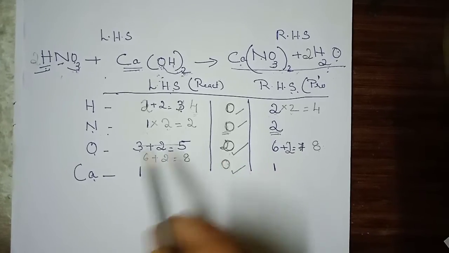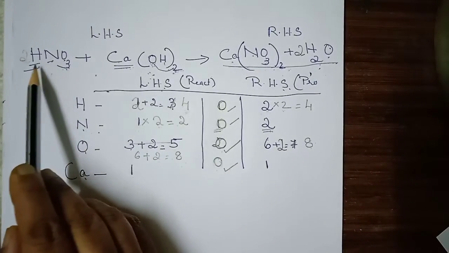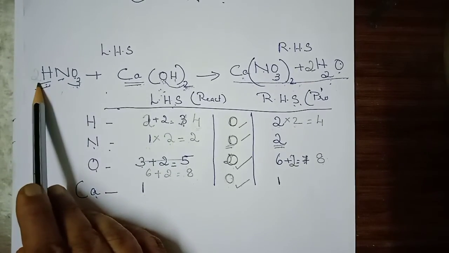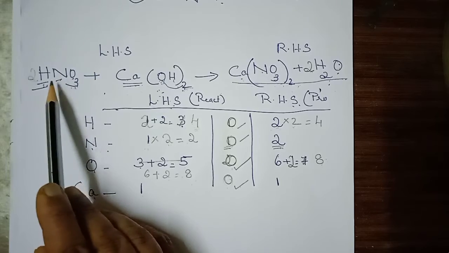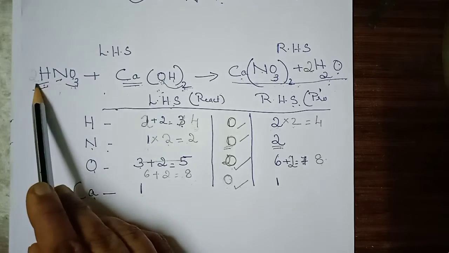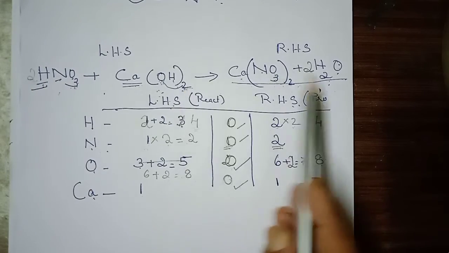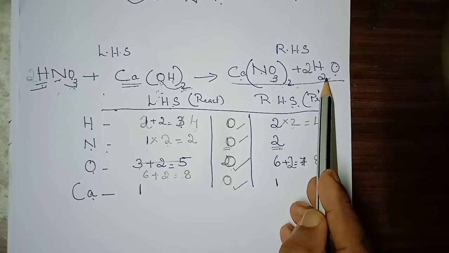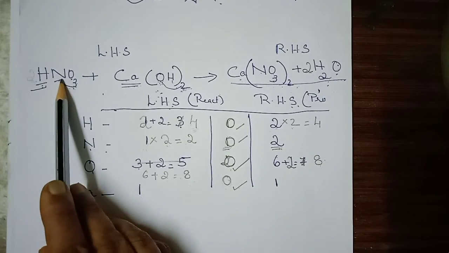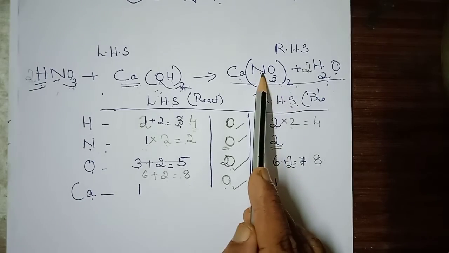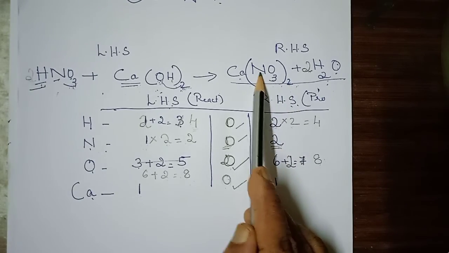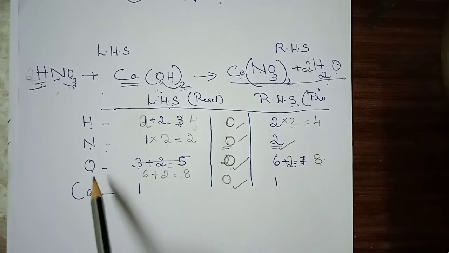Before that, let us see here once again. So hydrogen here 2 and here it is 2. Nitrogen 2, hydrogen here 2 plus 2 equal 4, and here 2 into 2, that is 4. Next nitrogen, let us check, that is 2 here, and this 2 is applicable for this nitrogen 2, that is also balanced.